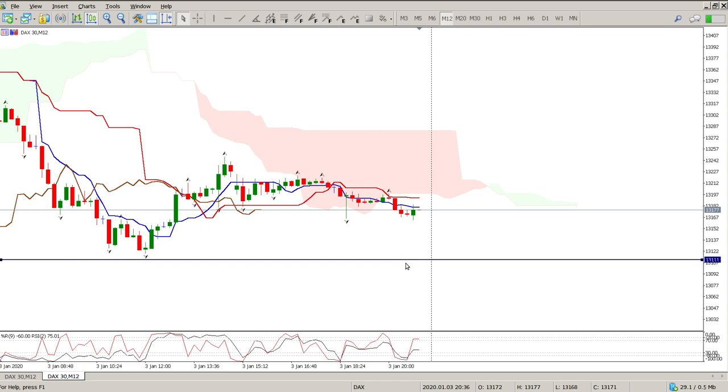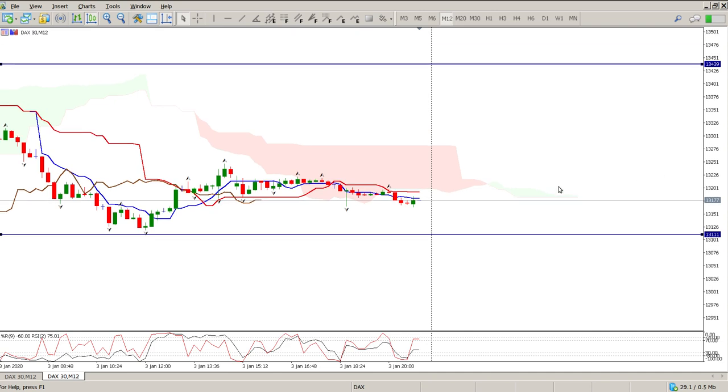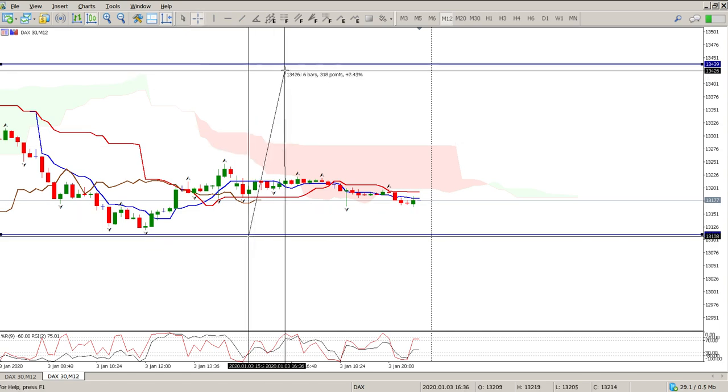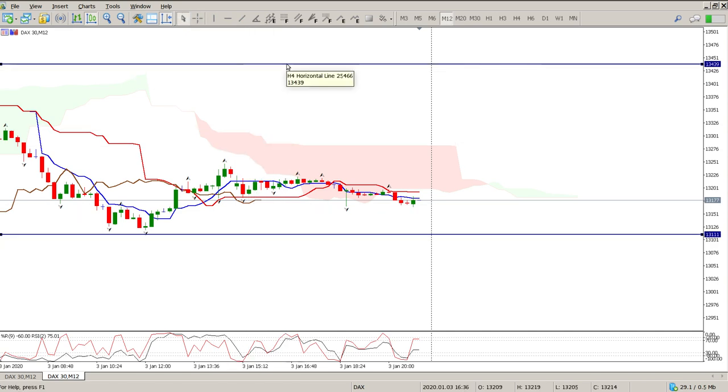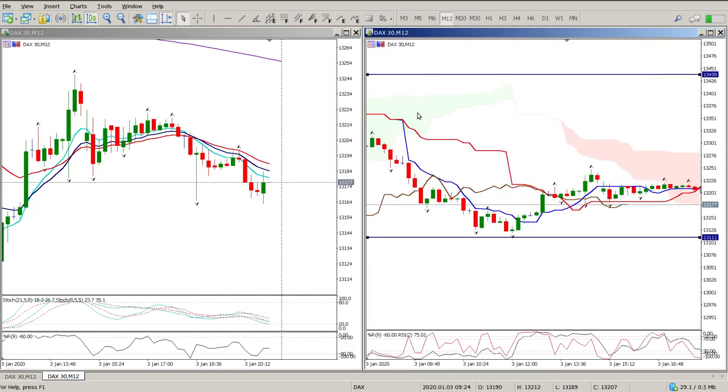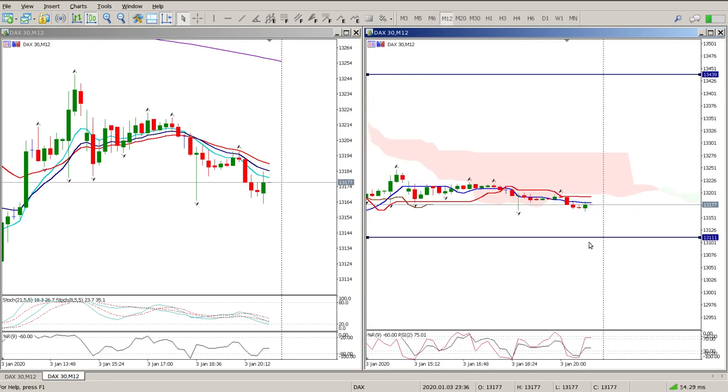You're going to need a proper break below it, then a retest, and then you can see whether we can get in for the short. Okay, if we do break below this, you've also got this range height as a target, which is 330 points. Okay, so I'm looking for shorts, but I want to see a retest first.